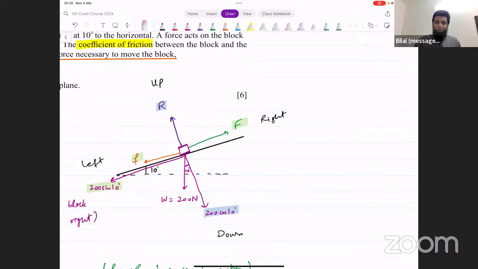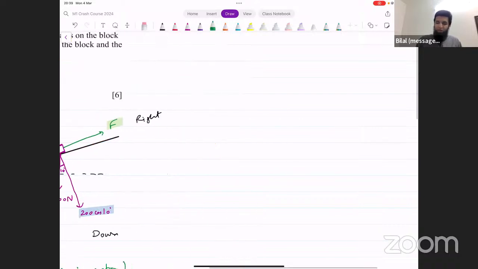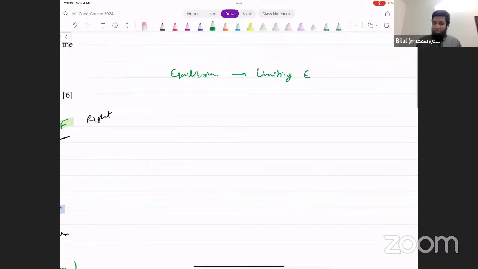So remember, there are three stages. You have simple equilibrium, and then you have the extreme point of equilibrium, which is called limiting equilibrium, and then the object starts to move. Okay.